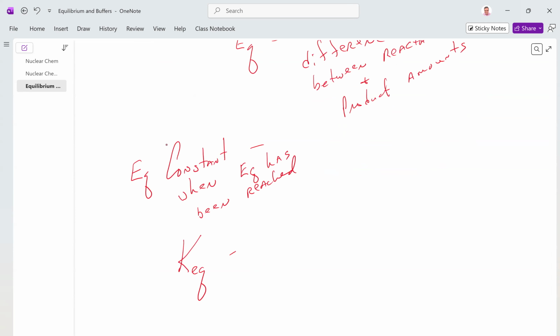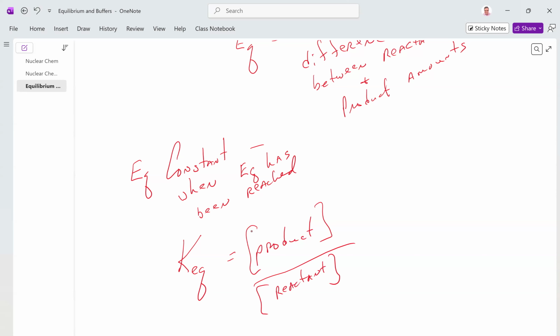That's equal to product concentrations over reactant. Remember, square brackets is moles per liter.